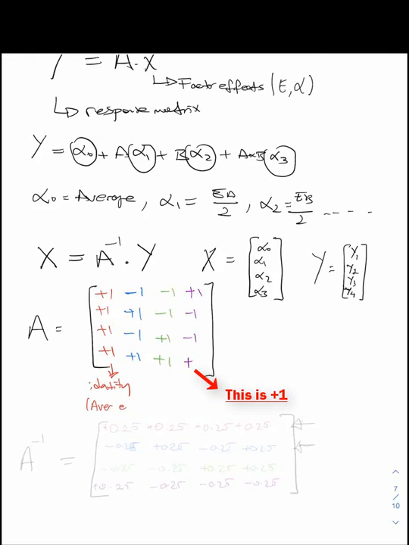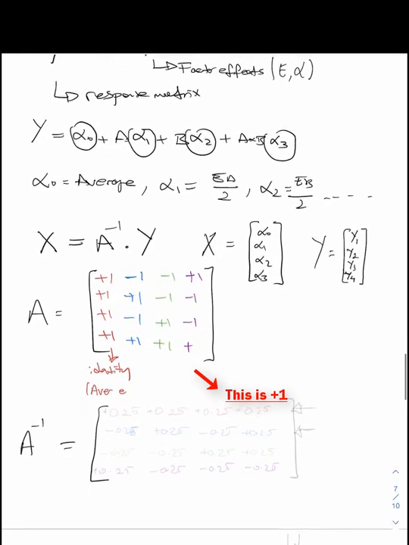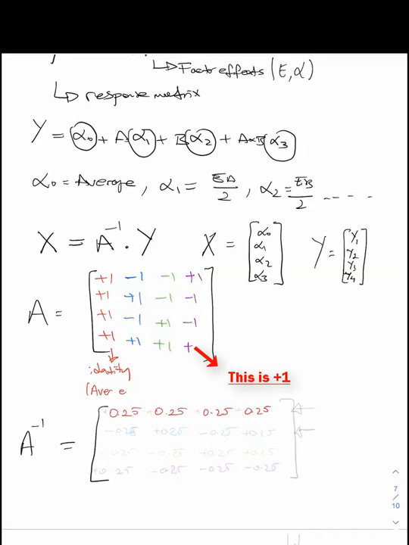Okay, let's try to write down the inverse of the A matrix. Okay, A minus 1. And when I invert this matrix, I can rewrite this like that: 0.25, 0.25, 0.25, 0.25.